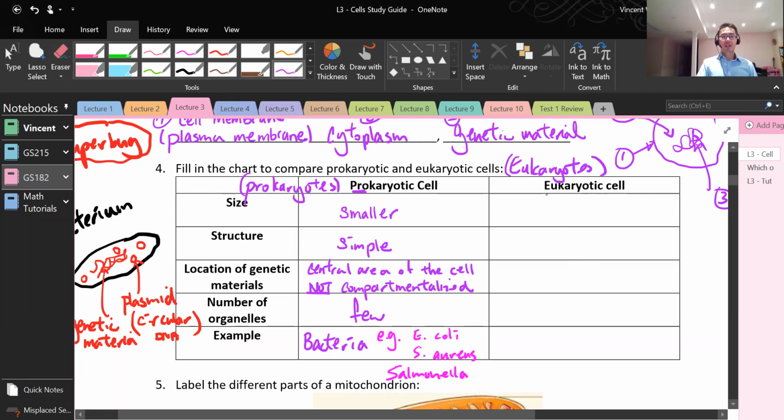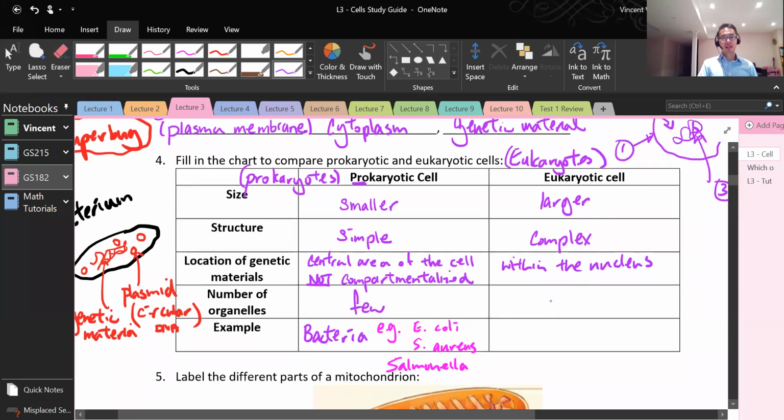Okay, eukaryotes, that's like us, right? They are larger. The structure is complex. Genetic material is within the nucleus, and the number of organelles is many.